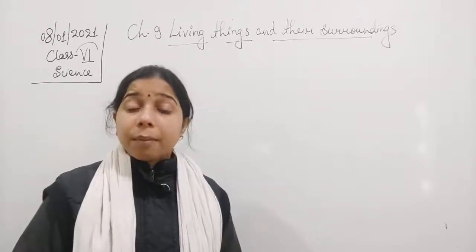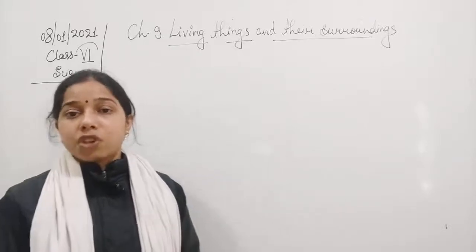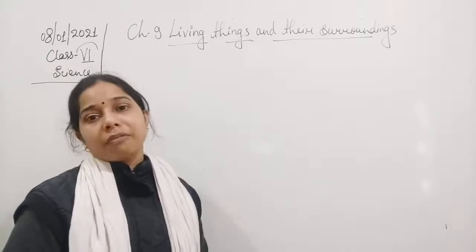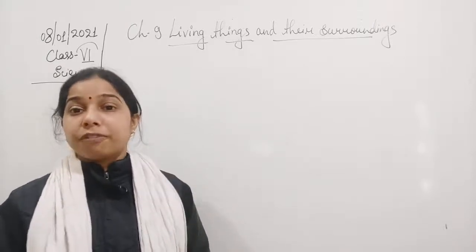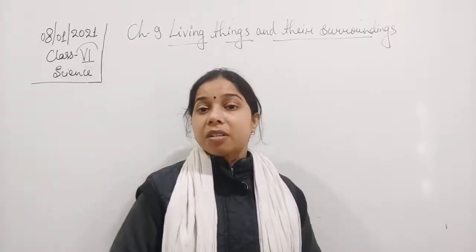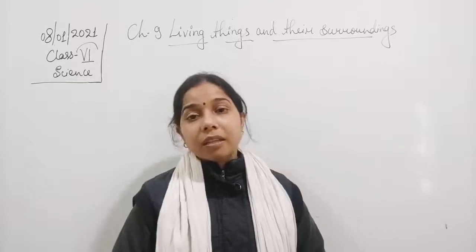If you take a chair, the same chair can be there for 15 days or 15 years. So you can say that it does not have a definite lifespan. But living things have.